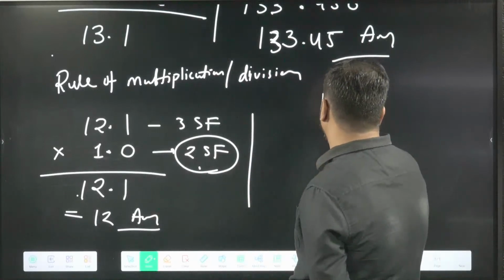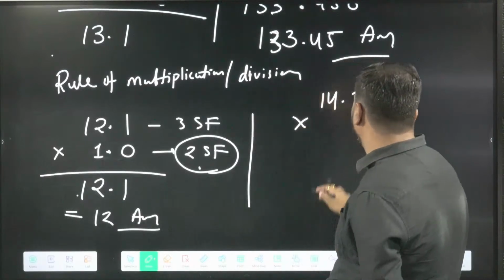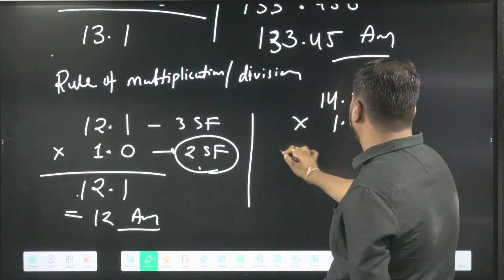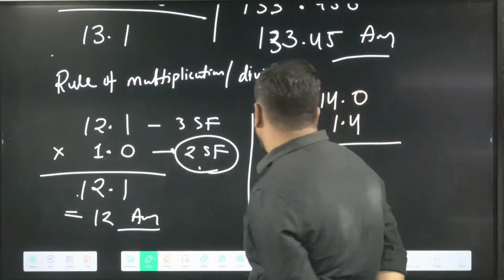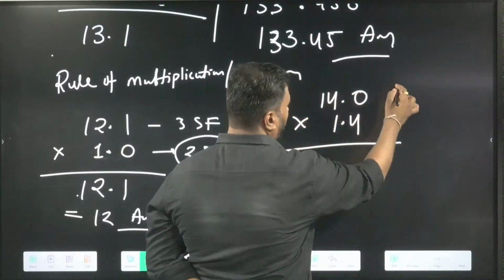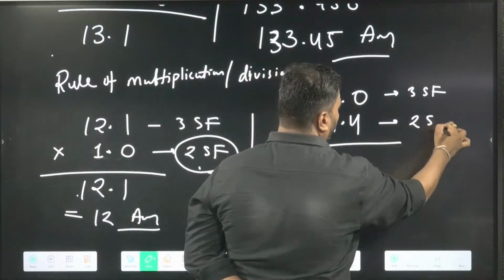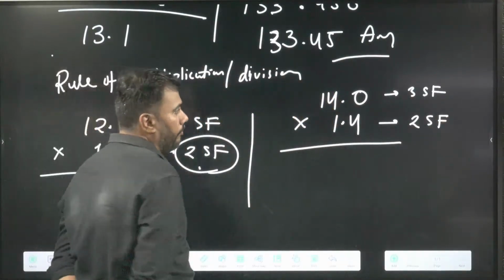One more example. Let's say 14.0 is multiplied with 1.4. This 14.0 has 3 significant figures. 1.4 has 2 significant figures. So the answer will contain only 2 significant figures.